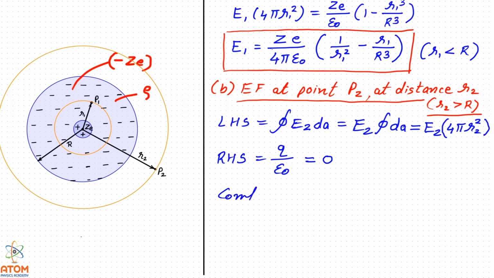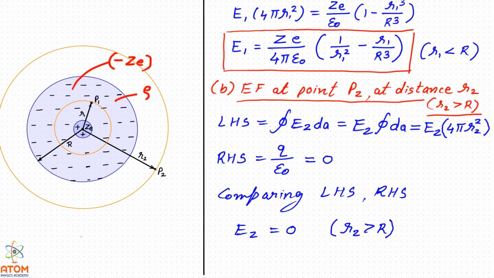Now if we compare left hand side and right hand side, obviously E2 will be 0, because the left side is E2 4 pi r2 square, but the right side is 0, so E2 will be 0. So this is the electric field at a point R2 which is greater than capital R, that means it is outside the atom.